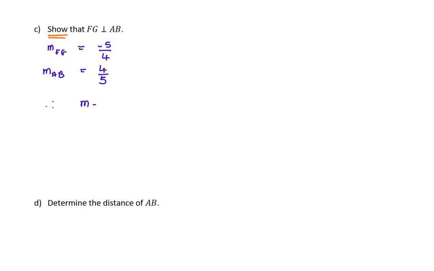Therefore, the gradient of FG multiplied by the gradient of AB, notice how you use these subscripts, really important, is equal to negative 5 over 4 times 4 over 5. Please don't ever write m times m, because m times m implies they're the same thing. So we use subscripts all the time to explain which line we're talking about.